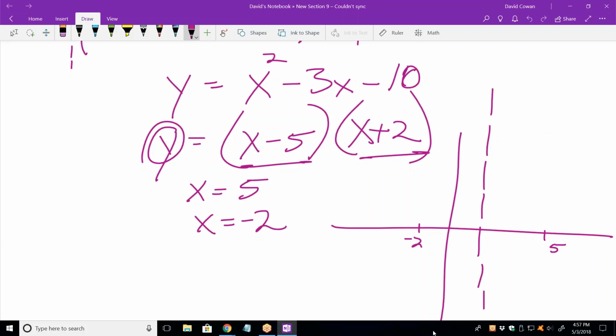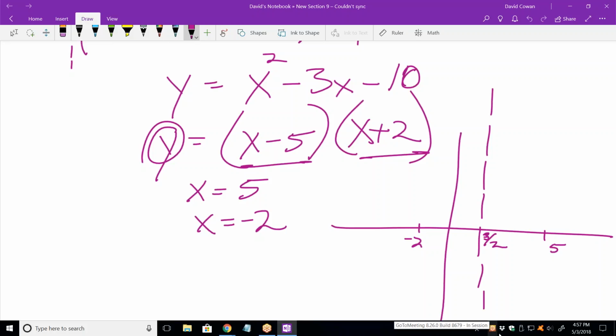It's 1. What are these two numbers added together? -3. No, +3. Yeah, positive, sorry. Divide by 2, you get 3 halves. So that is at 3 halves. 1.5 is halfway between.